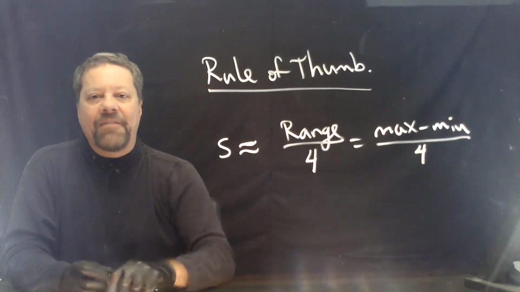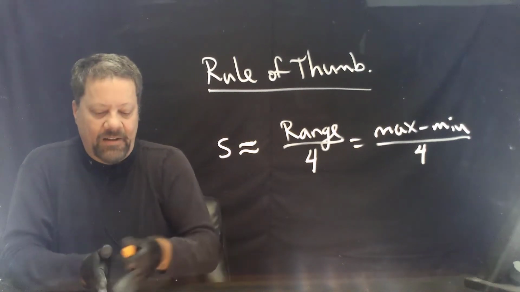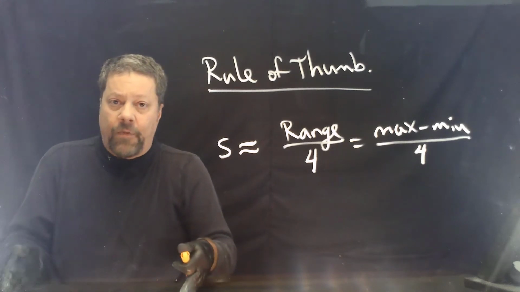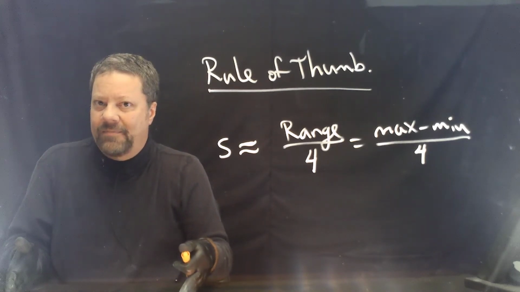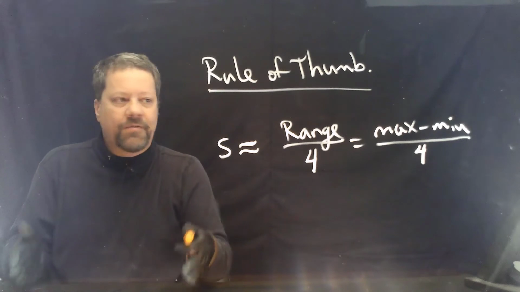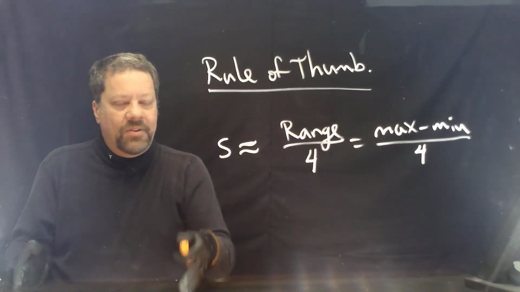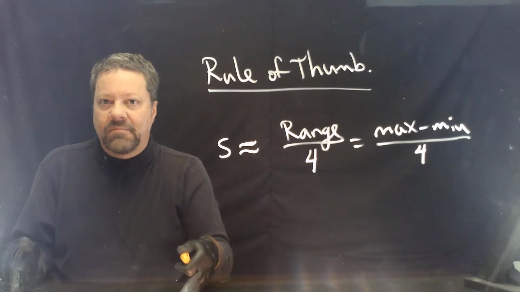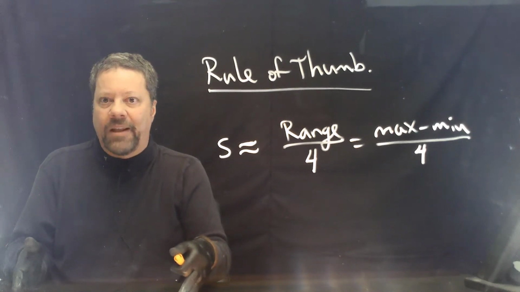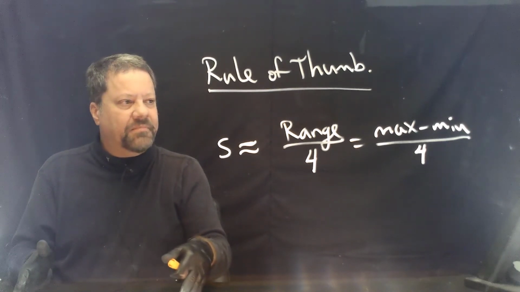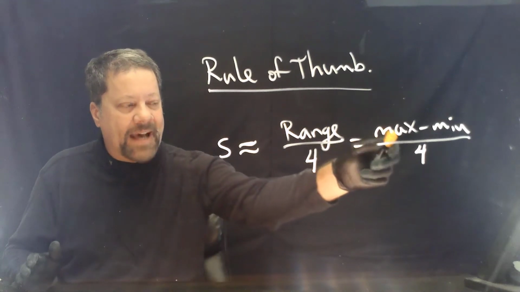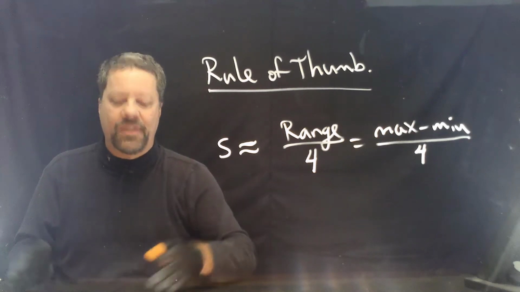And if 95% of the data lie within an interval 4 standard deviations wide on bell-shaped distributions, for small samples, that's typically going to be all of your data, essentially. 95% is pretty close to all if you only have like 20 data points. And so the maximum minus the minimum is the range.